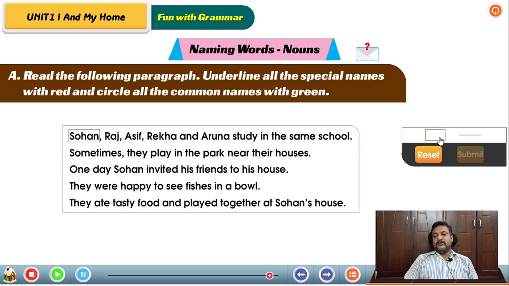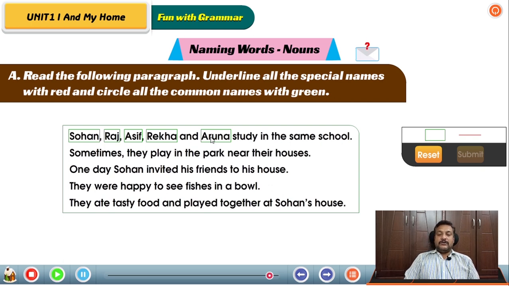Raj again is a name of a particular person, so we will put Raj also in a green box. Now Asif. Asif is the name of another friend of Sohan, isn't it? So Asif also is in a box. Rekha is the name of another friend, right? So that also is in a box. Aruna is the name of another friend that they have, right?